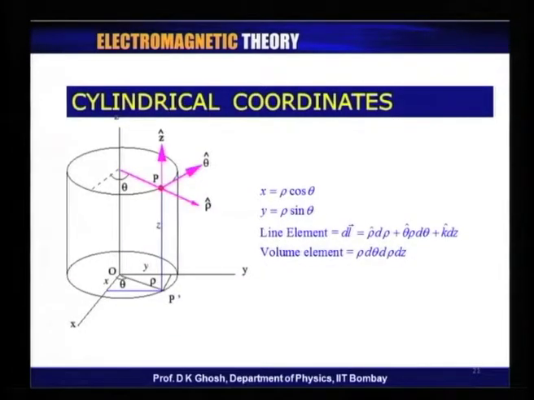Having discussed the delta function, what remains in building up a mathematical machinery for the discussion of electrostatics, magnetostatics, etc., that we are going to be doing, is to discuss some different coordinate systems.